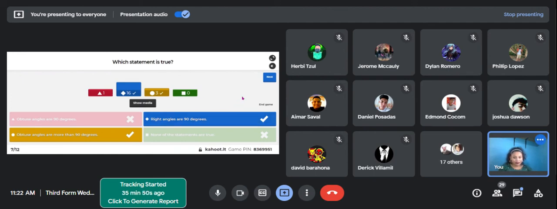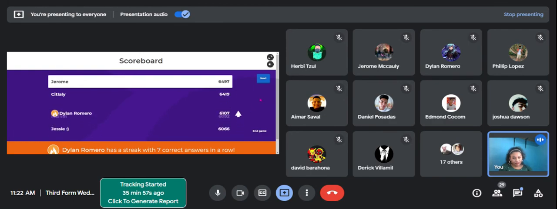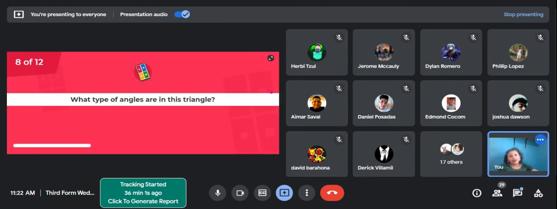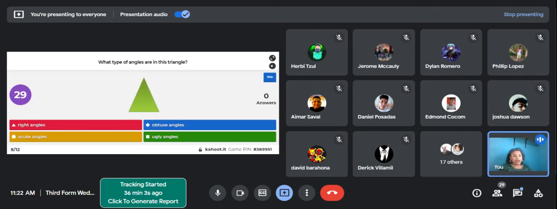Okay. Okay, let's continue. Number 8. What type of angles are in this triangle?